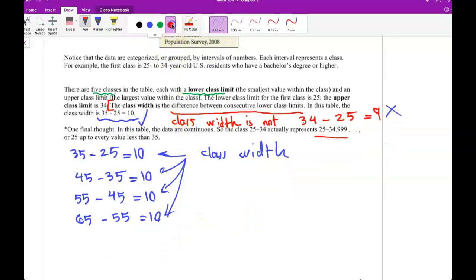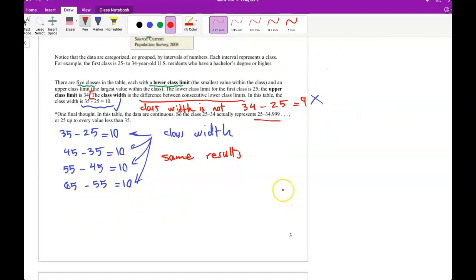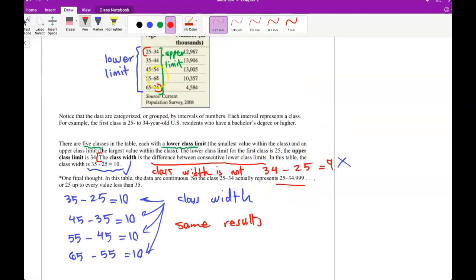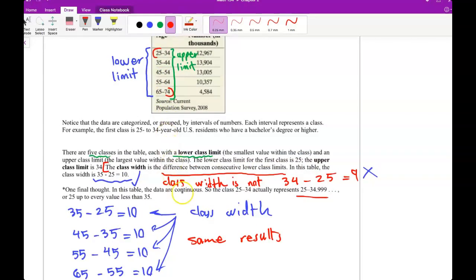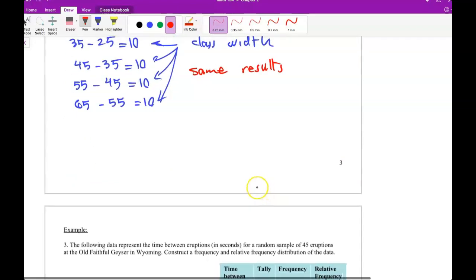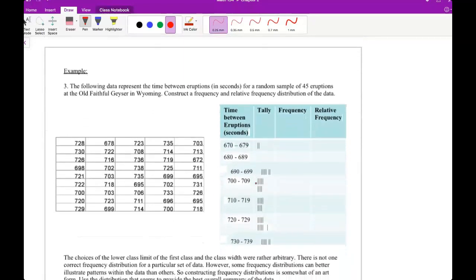So we have the same results regardless of what classes you choose. But the point is, those should be consecutive. Okay, next page.